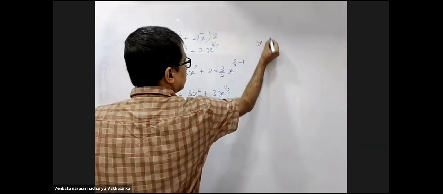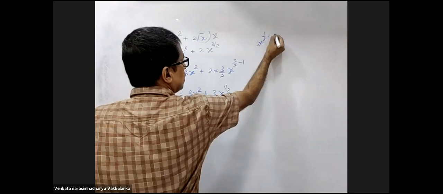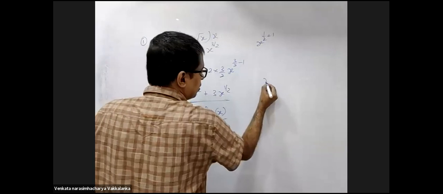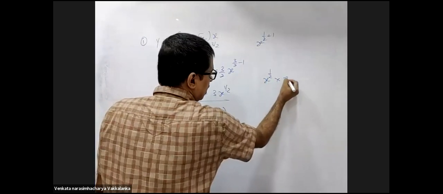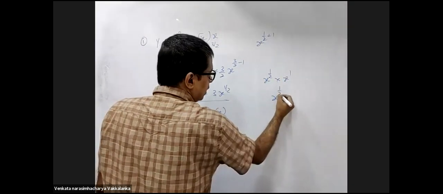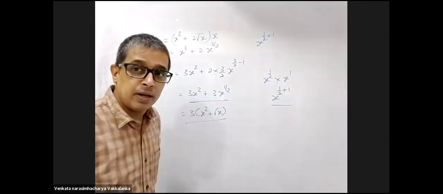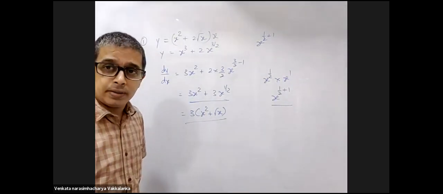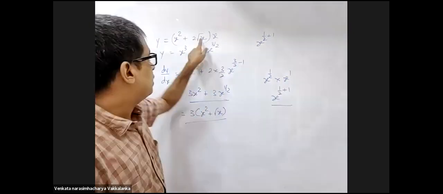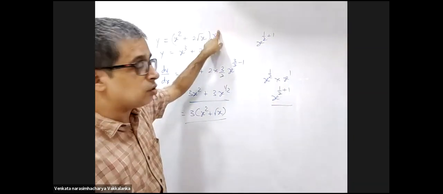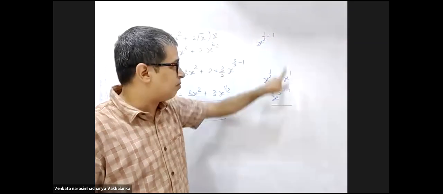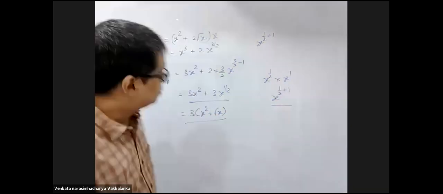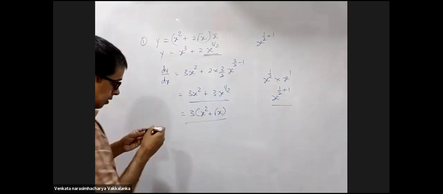Finally, somebody asked me this. x to the power half into x to the power 1 is x to the power half plus 1. When did we learn this? Before you were born. Half plus 1 is how much? 3 by 2, sir. Clear? Yes, sir. Thank you.